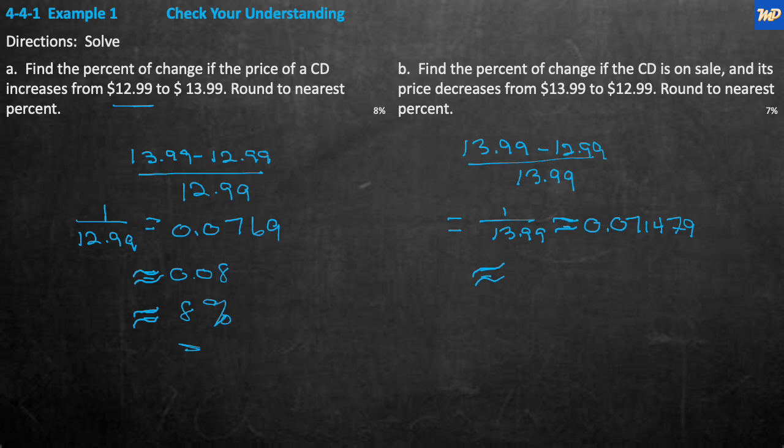So approximately equal to 0.07, because the 1 does not cause the 7 to round up. And therefore, the percentage is going to be 7% approximately. Okay, that's the answer on those.